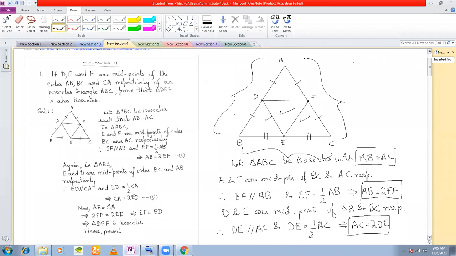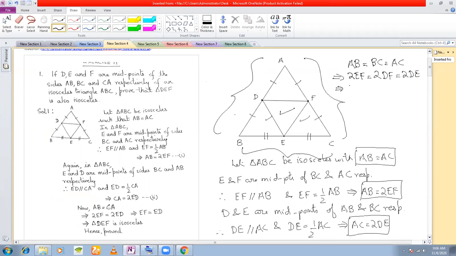Since ABC is an equilateral triangle, therefore AB is equal to BC is equal to AC. Next, from the midpoint theorem, you can say that AB is twice of EF and BC is twice of DF and AC is twice of DE.